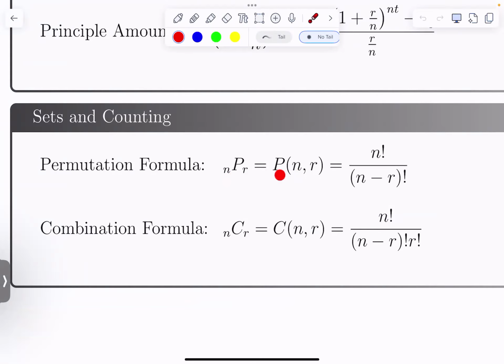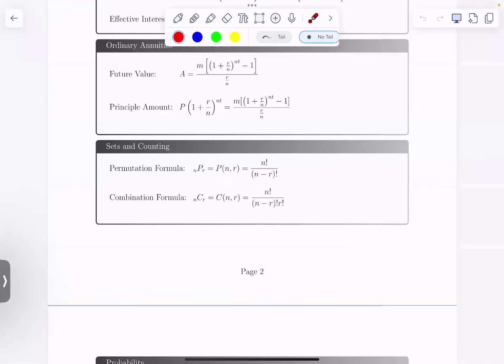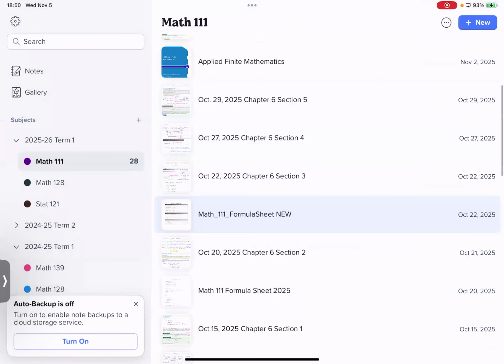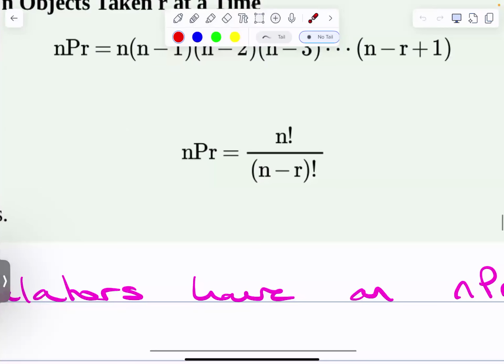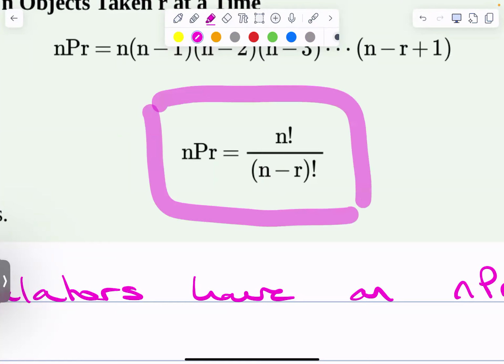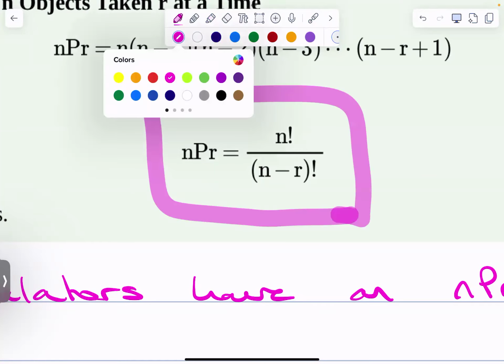Some calculators call it PnR, so just be comfortable with however your calculator works or looks. n factorial over n minus r factorial. This version is on your formula sheet.